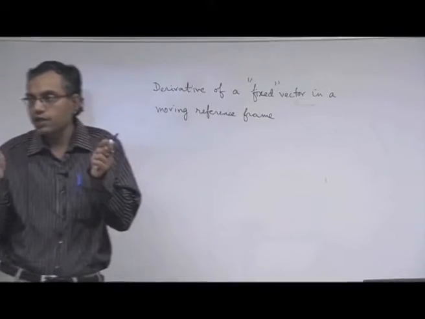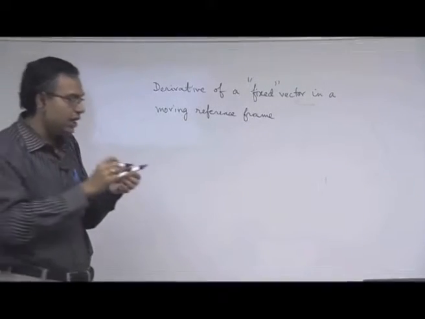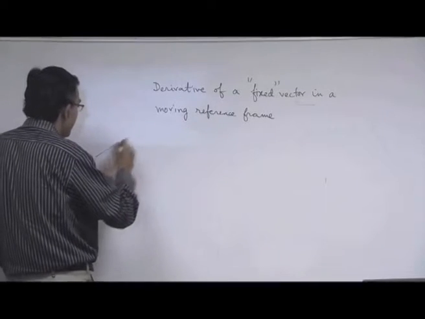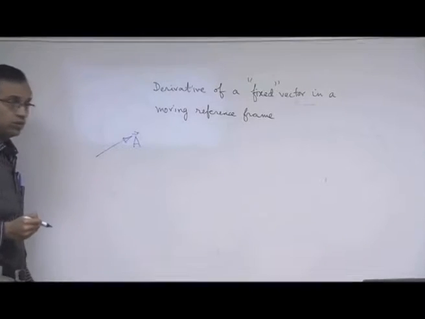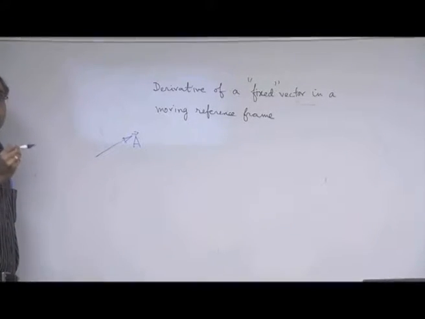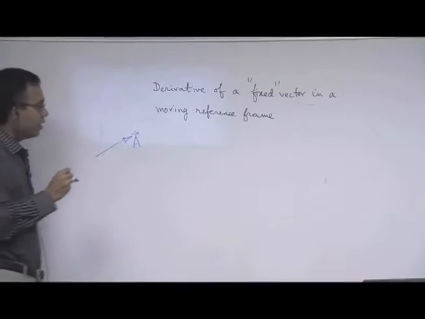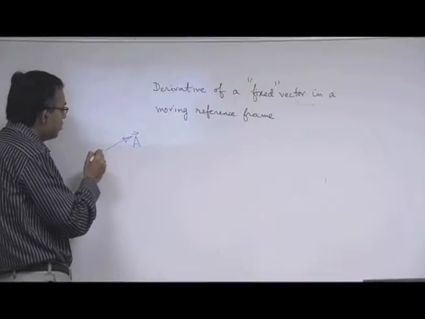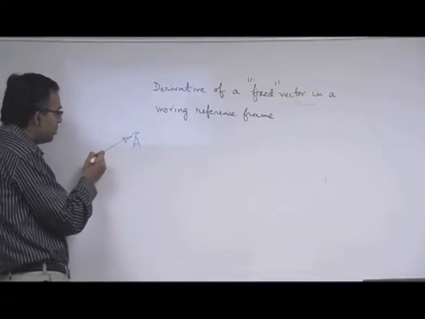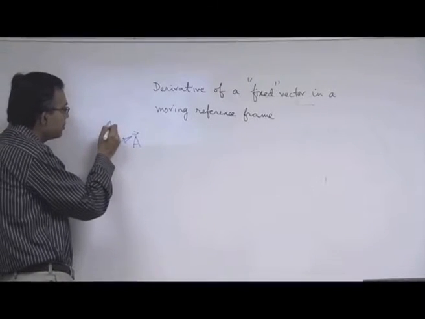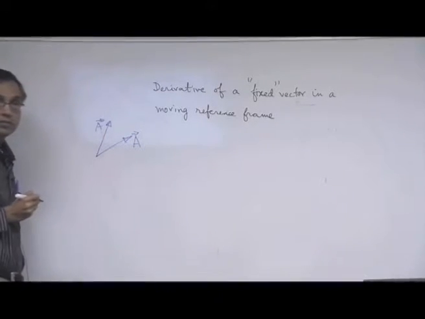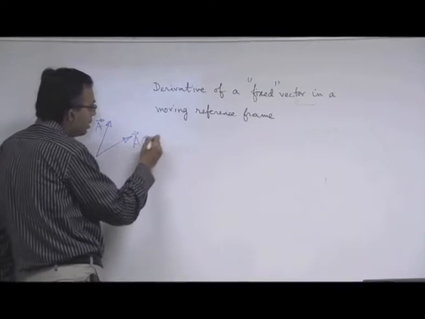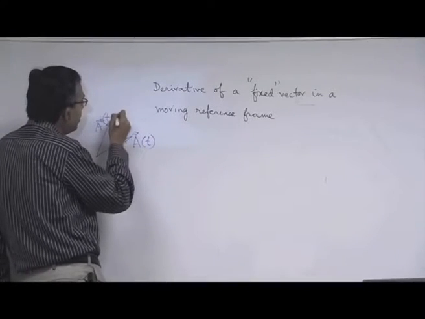if you think of rotation, then if there is a vector, let us start with a sketch, that you have a vector A which is fixed on the small xyz, which is a rotating reference frame, say, but because of the rotation after some time the A will come here, right, this is A at t, this is A at t plus delta t.